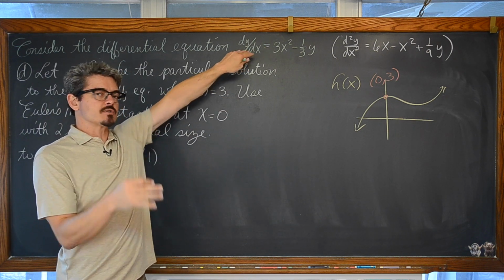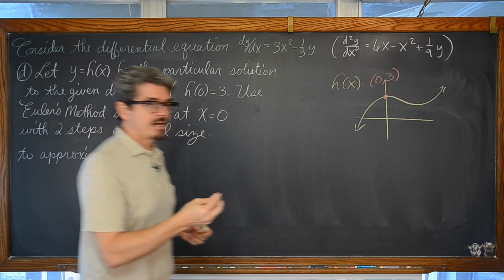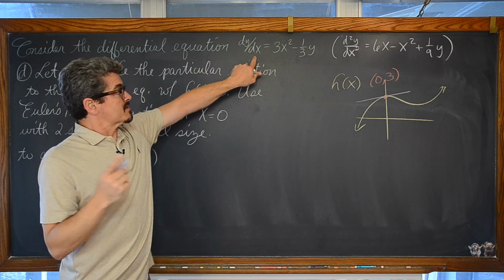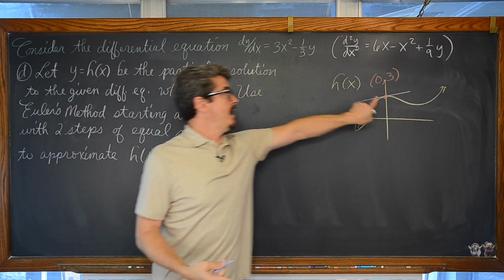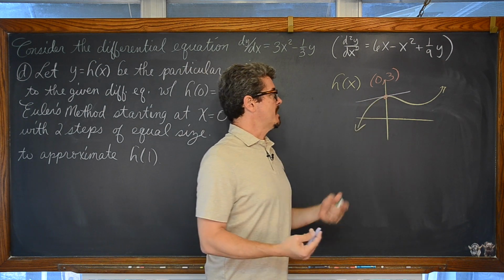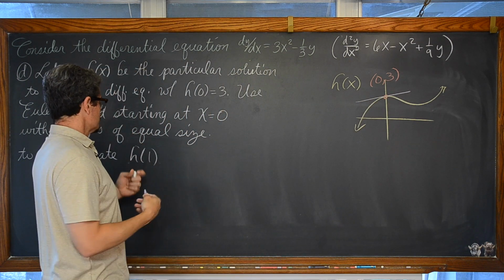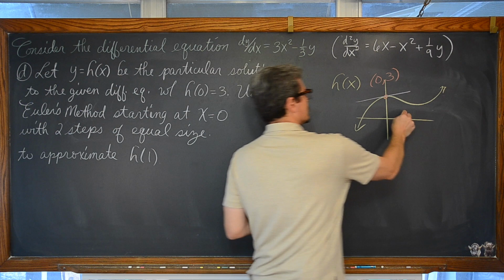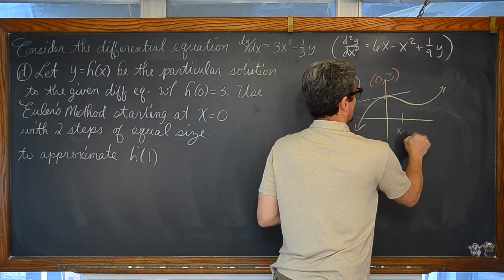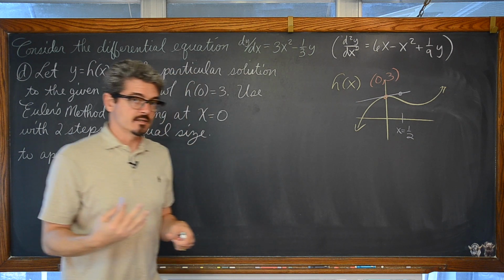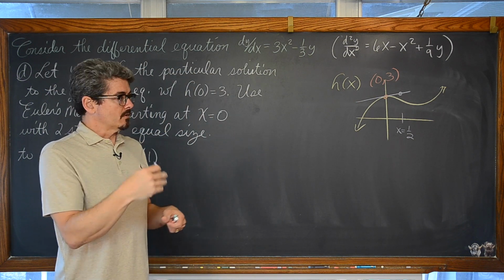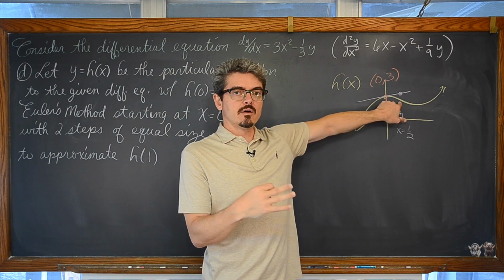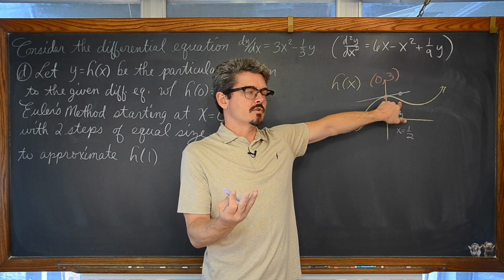We can't solve this differential equation, but we can use tangent lines and say, hey, we're going to find this tangent line, using the derivative, using the slope, at 0, 3, and we're going to make a small step. If we're taking two equal-sized steps between 0 and 1, each step is going to be 1/2. We're going to move over to the x value of 1/2 and just find out where the tangent line is at that x coordinate of 1/2, and let the tangent line approximate the value of the actual function h.